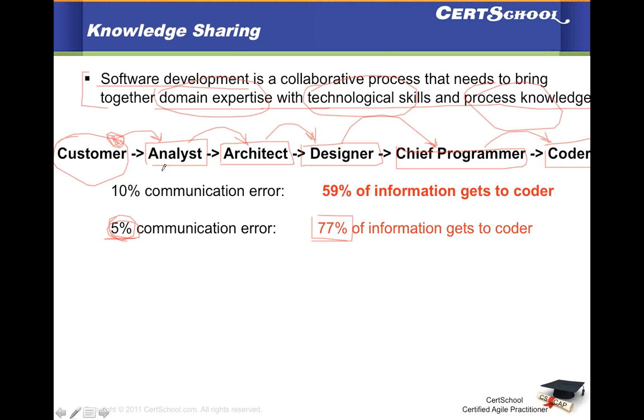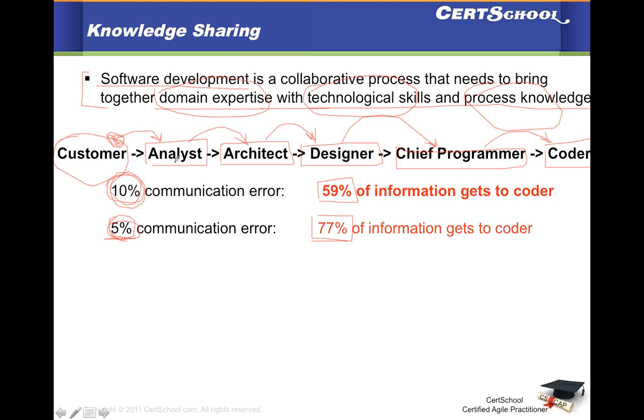And if you consider a more practical communication error of 10%, that means only 59% of the information actually percolates down to the coder who's doing the implementation, that is of value to the customer.